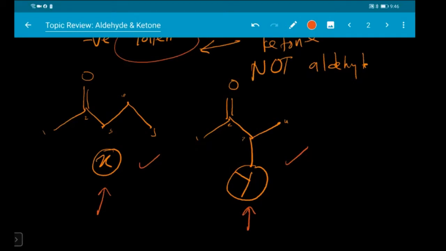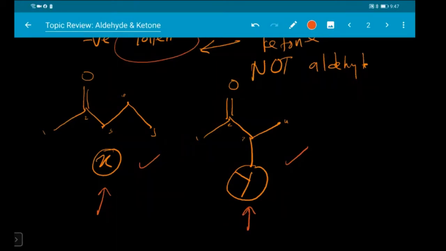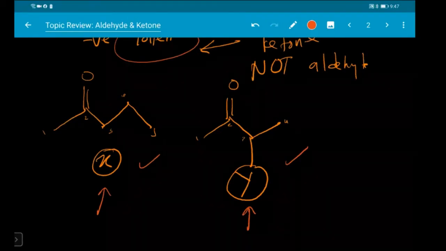Saya respon dulu Afiq. Afiq mau tanya, kalau Tollens' reagent tu memang dia akan bagi positif negatif result je ke? Dari observation dia akan jadi silver mirror di dinding test tube.